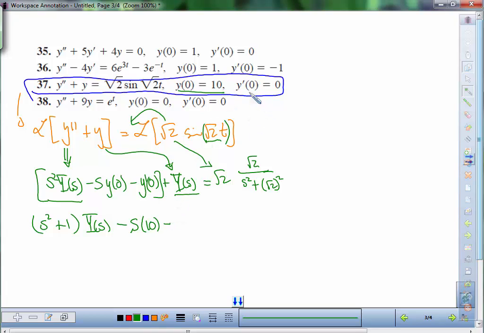And y prime of 0 is 0. So remember, those are from the real world. And then on the other side, we can simplify this a little bit also. This would be positive 2, just the 2, over s squared plus square root of 2 squared is 2.